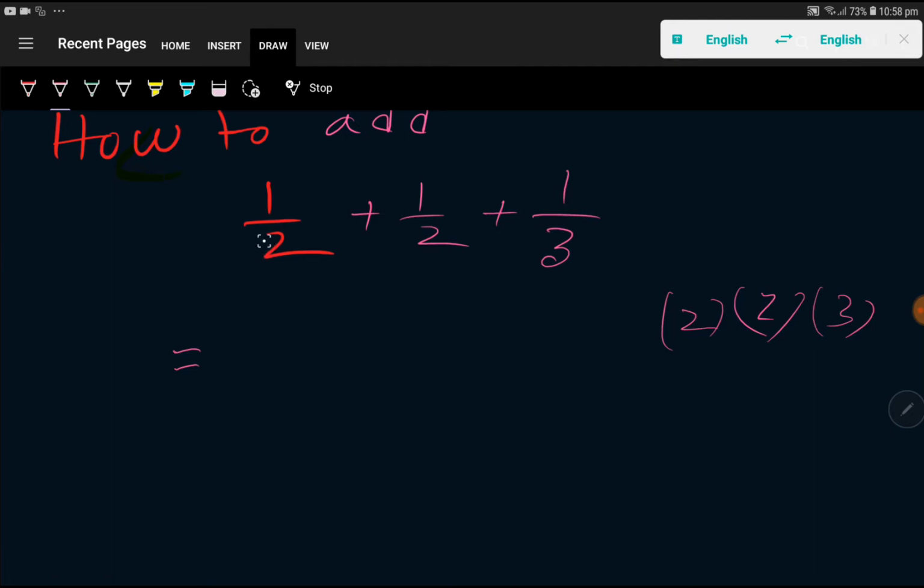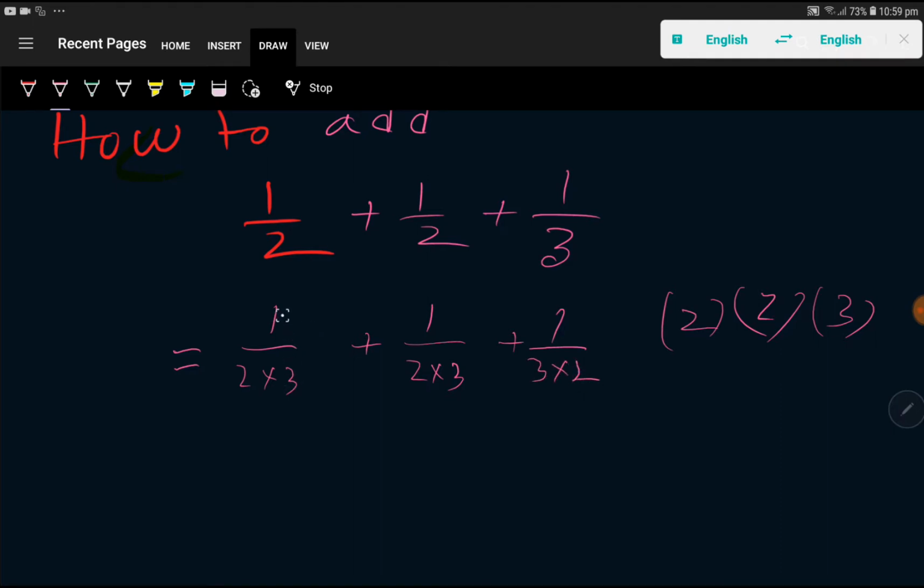Here we have 2, but we are missing 3, so we will multiply by 3. Here we have 3, and we are missing 2, so we will multiply by 2.